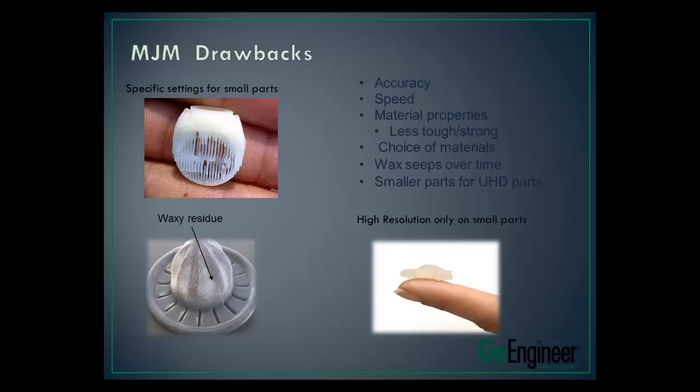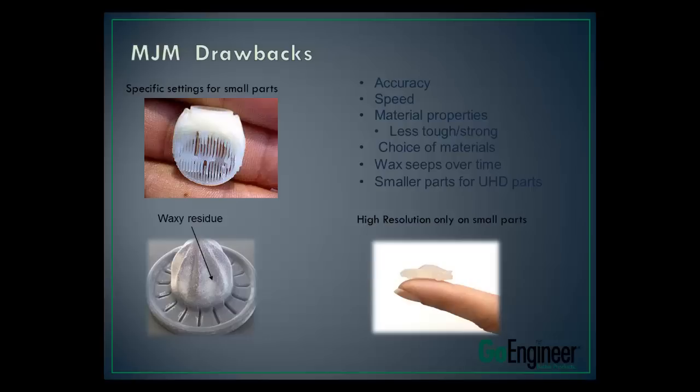There's another very unique attribute to MultiJet modeling, and that's that waxy residue. It's great because that wax melts away and it's easy to remove. The problem is the material itself has wax in it, and over time that wax seeps out of the part.